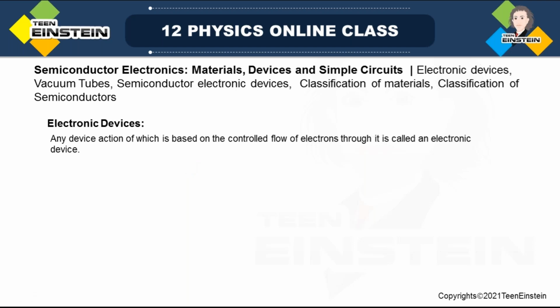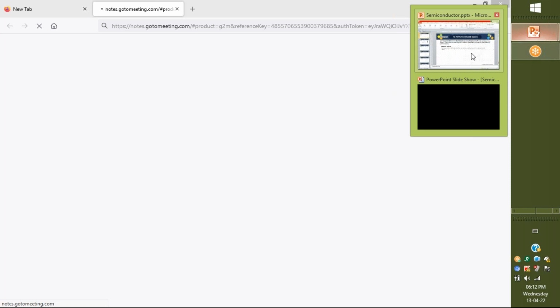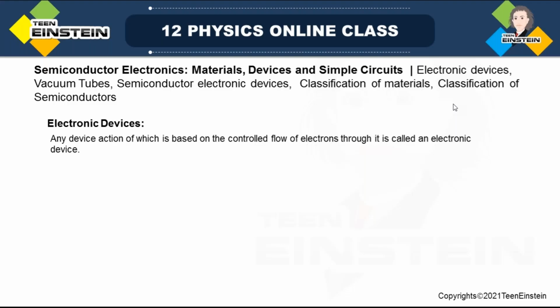Today we are starting a new chapter, the last chapter of this, I think second last chapter, that is semiconductor devices and circuits, electronic circuits, etc. So semiconductor electronics, materials, devices, and simple circuits.